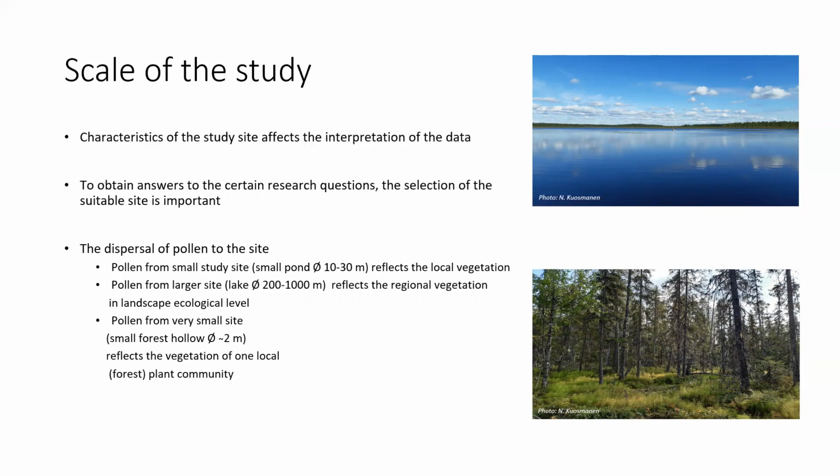Or if we want to look at large scale regional vegetation, at this kind of landscape ecological level, then we can go to a bigger lake where the pollen is transported from with the wind.